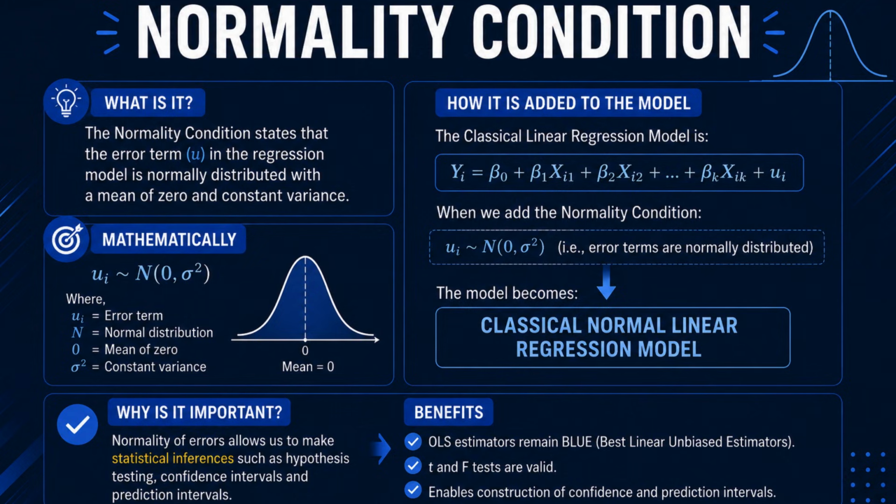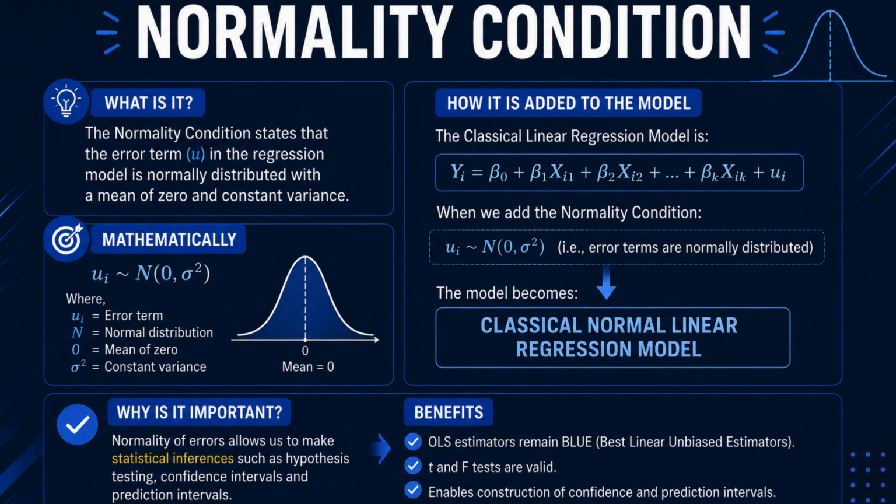Now, there is an important distinction here. Normality itself refers to the distributional shape of the error term. The assumption of 0 conditional mean and the assumption of constant variance are separate assumptions. However, when we write u|x ~ N(0, σ²), we are combining these properties into one distributional statement.